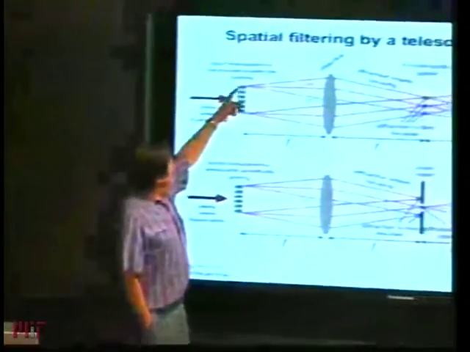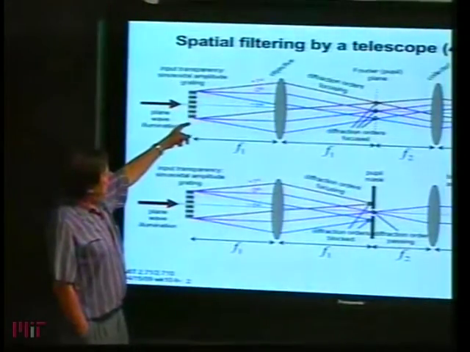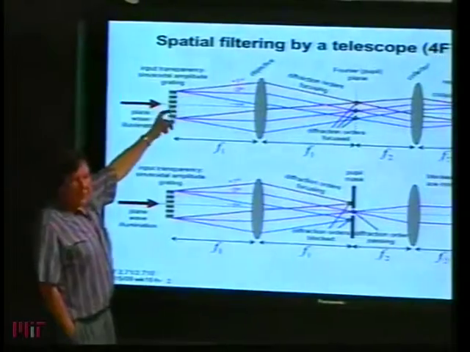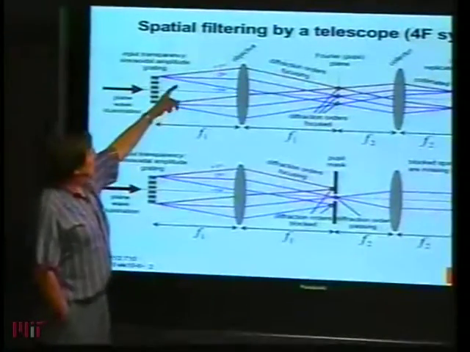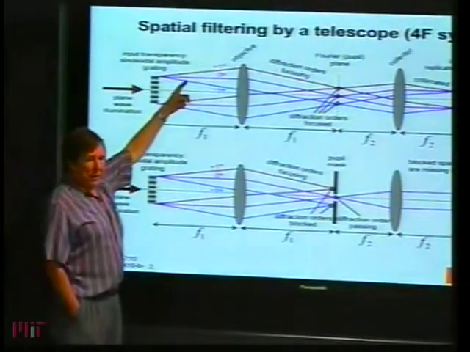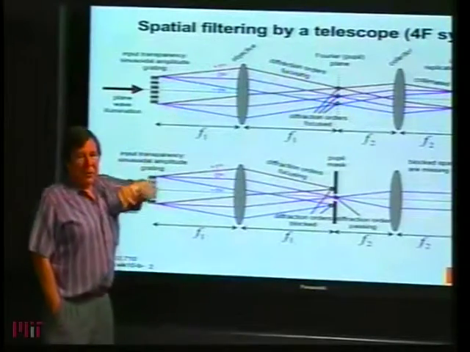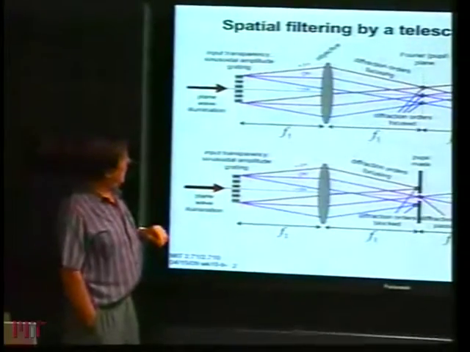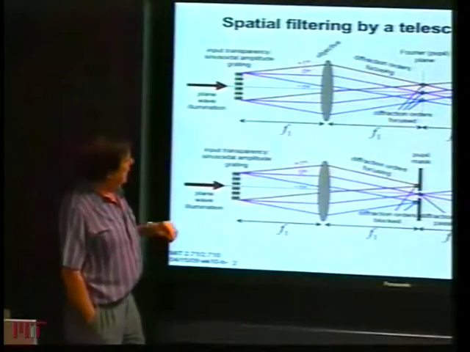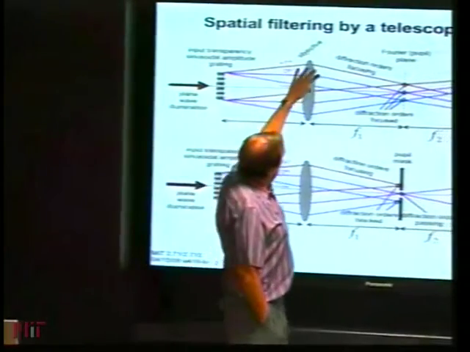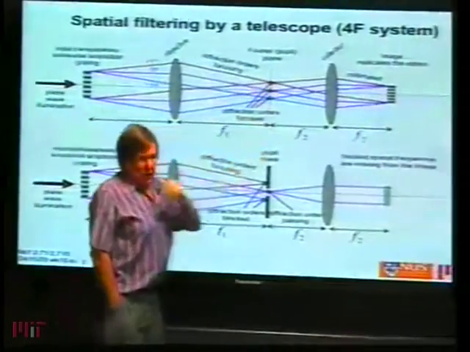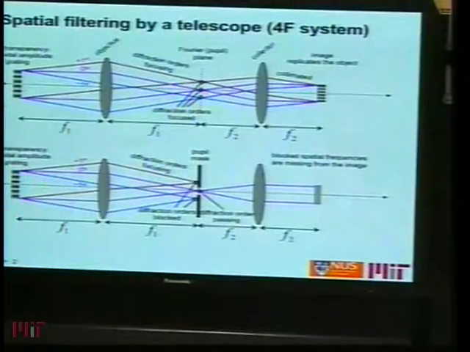So we have a grating object. Let's imagine this is just a 1 plus a cosine, which means it produces a 0 order and then a plus and minus 1 order. So 3 plane waves. And as we said, each of those plane waves is going to be converted to a converging spherical wave.